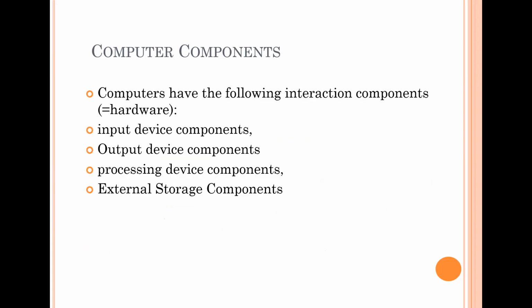Okay, computer. We continue to the computer components. We already learned that the computer contains hardware, the hard element, which contains input and output. Because yeah, processing can also be here. Processing, right?